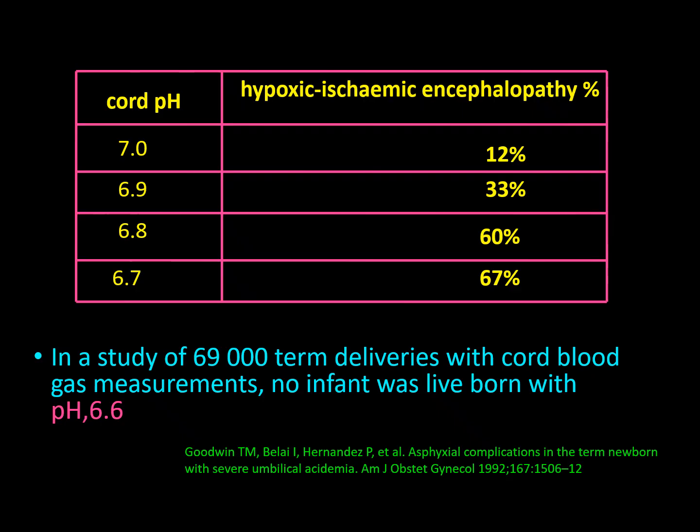Cord pH 6.8, HIE is 60%. And cord pH 6.7, HIE is 67%. From this picture, we can say that the lower the cord pH, the greater the consequences of hypoxic ischemic encephalopathy.